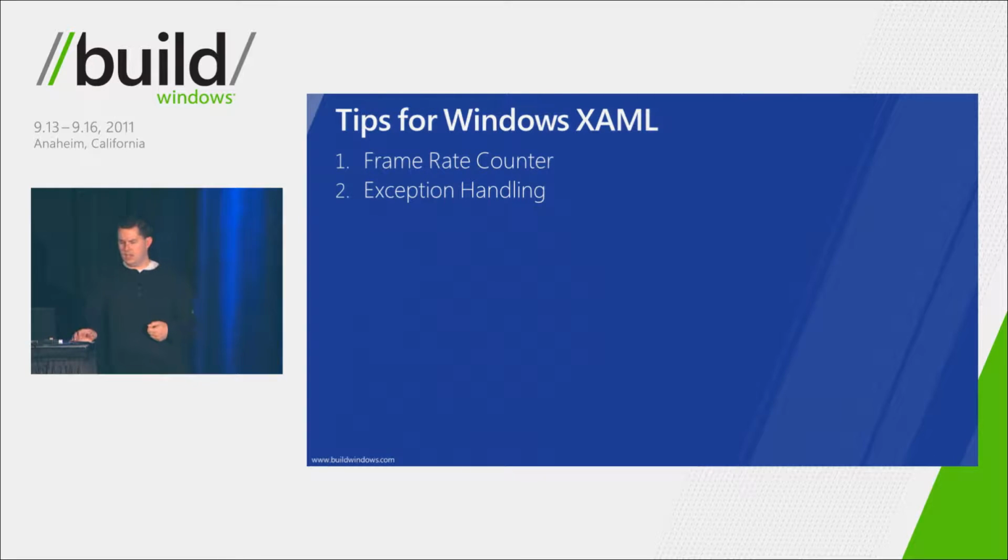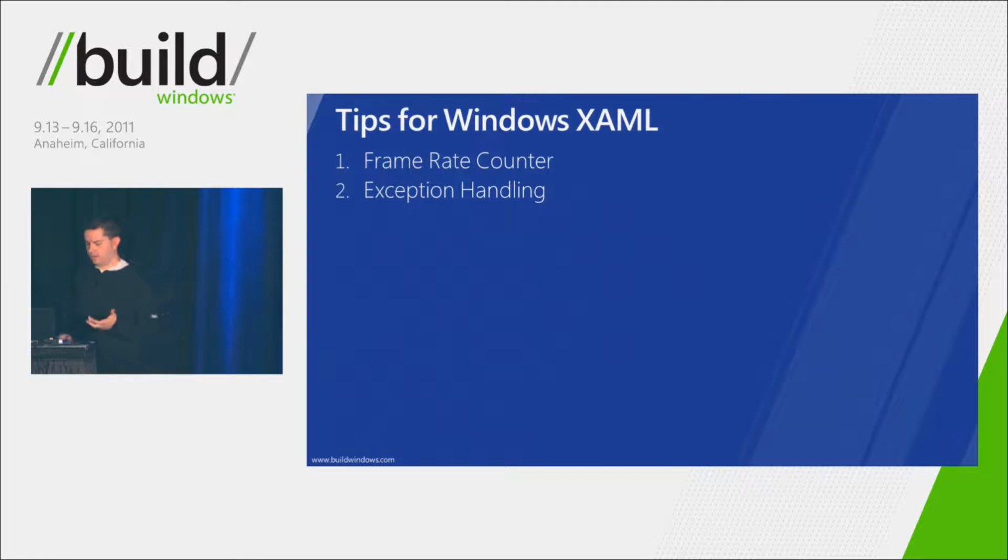As a XAML developer working in the managed world, you're probably used to how you handle exceptions, how .NET surfaces exceptions, and things like that. In WinRT, things can be a little bit different in exceptions, especially if you're writing a C# application using WinRT. You're mixing those modes.